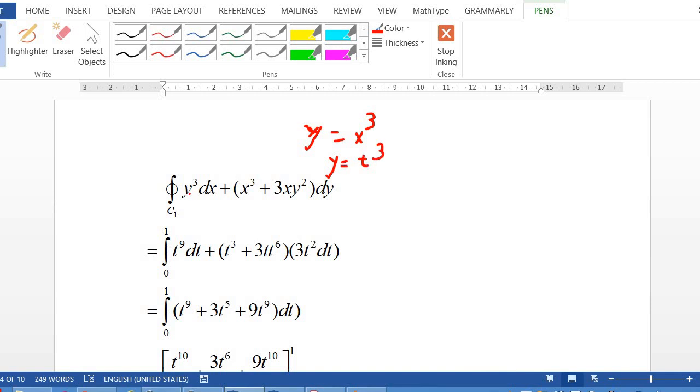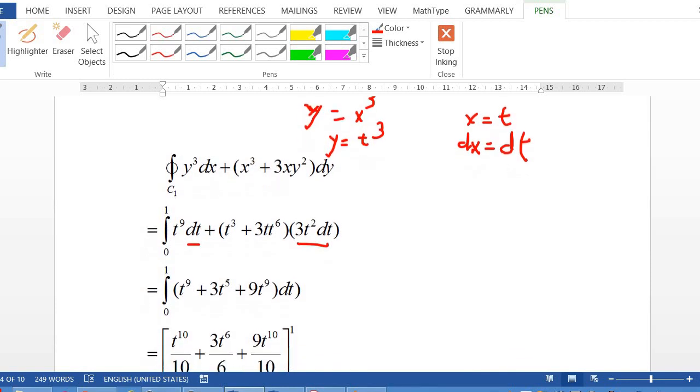So y is t cubed, and y cubed is t power 9. x is t, so x cubed is t cubed. Since x is t, dx equals dt, and dy will be 3t squared dt. So plug in x is t, y is t cubed; t cubed squared is t power 6.